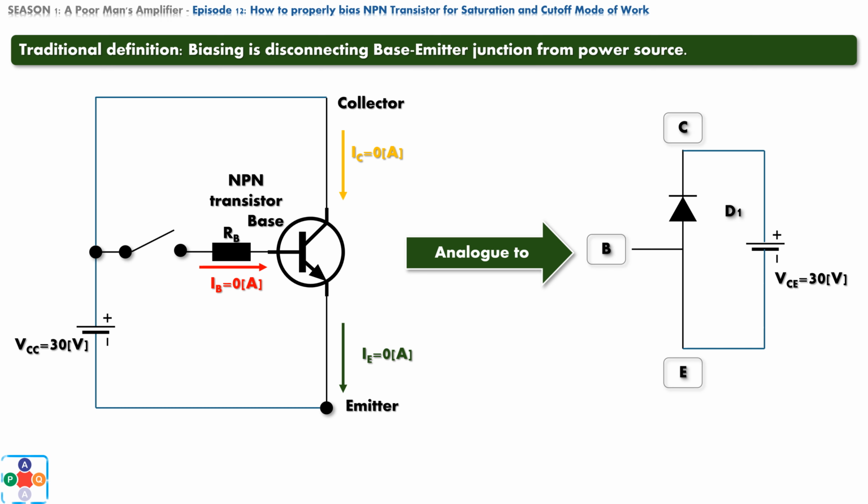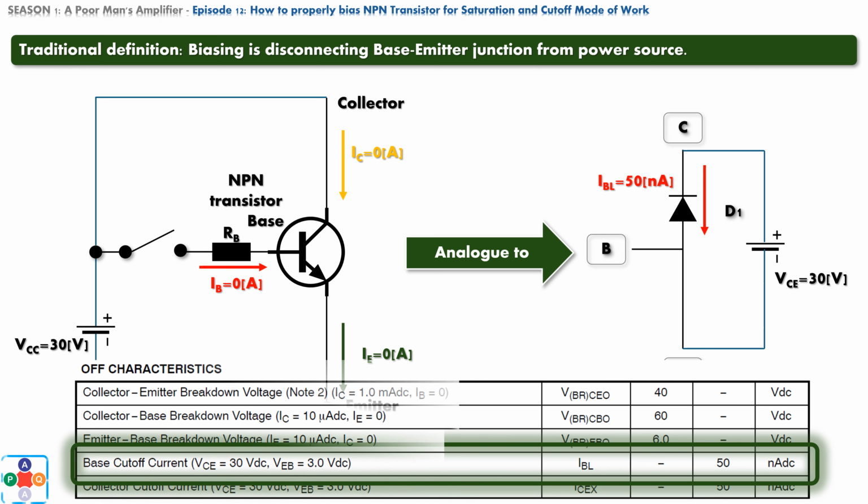We have learned from previous videos, that when we reverse bias the diode, or plainly said, when we flip the diode other way around in the circuit, there is small, but insignificant current running through the diode. This current is called the base cutoff current, and it is parasitic, or plainly said, undesirable. However, it is there. We can look up for its value in the datasheet, in off characteristics section.